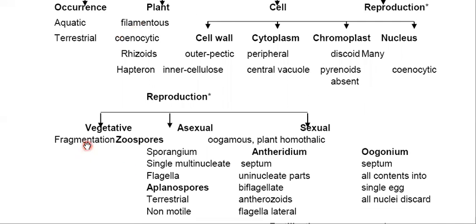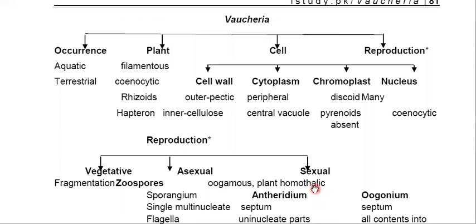Reproduction is by vegetative, asexual, and sexual reproduction. You can easily understand by using these topics how Vaucheria can be read in the examination.